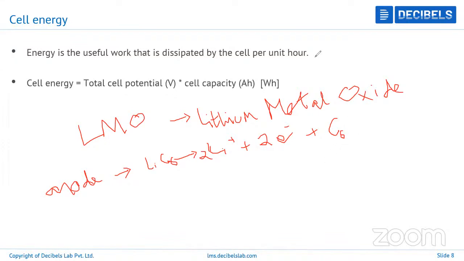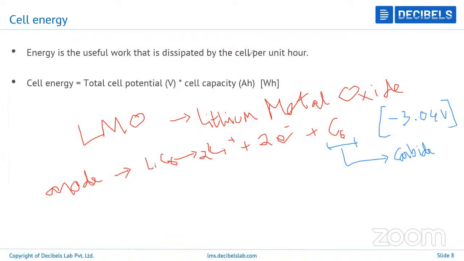The total potential of this particular reaction is given as minus 3.04 volts.